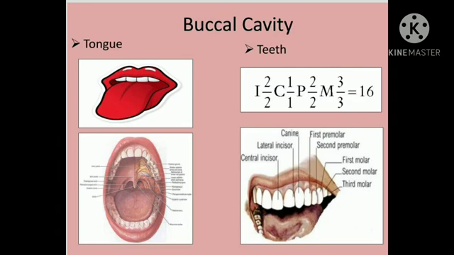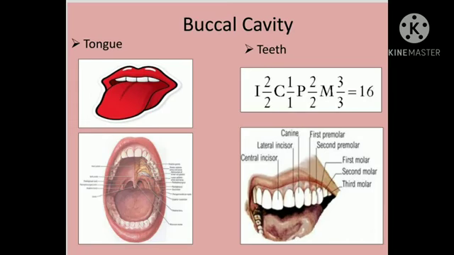We have an upper jaw and a lower jaw. Just imagine your upper jaw and take each half. That one half contains two incisors, one canine, two premolars, and three molars.